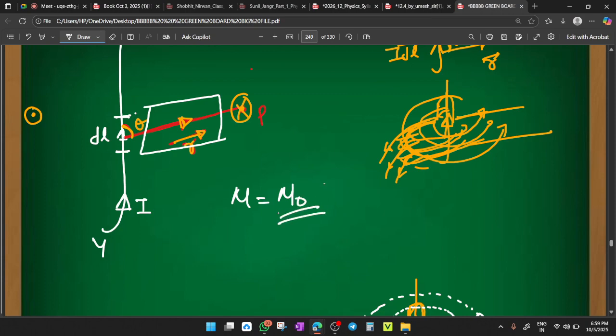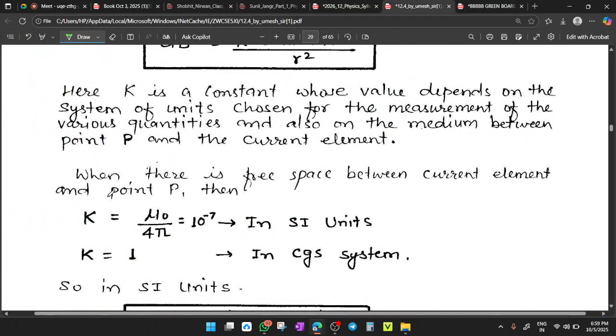For air, it is mu naught. Clear? But if there is another medium, like water, then for mu, it should be mu water. Clear?